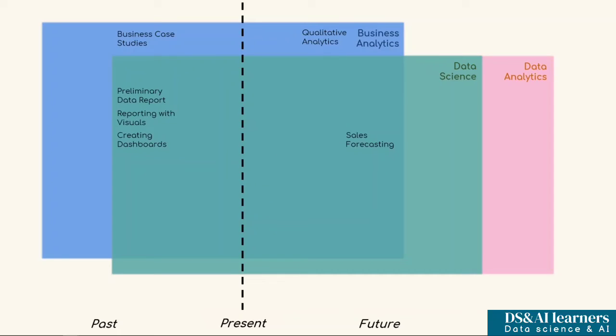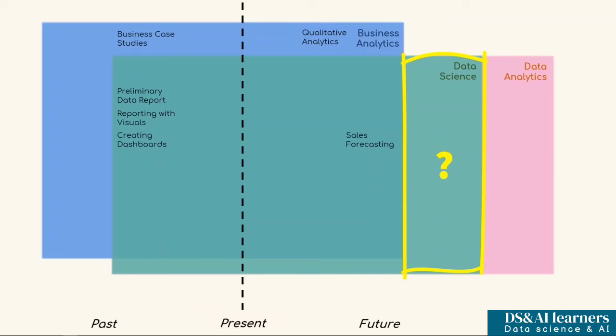Okay, great! Does this mean that the preliminary data report, reporting with visuals, creating dashboards, and sales forecasting are of interest to a data scientist? Yes, absolutely. And now, do you think we can find an example of a discipline that belongs to the field of data science and is considered data analytics, but not business analytics?